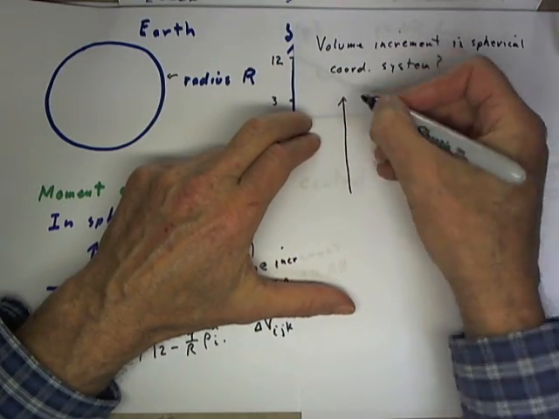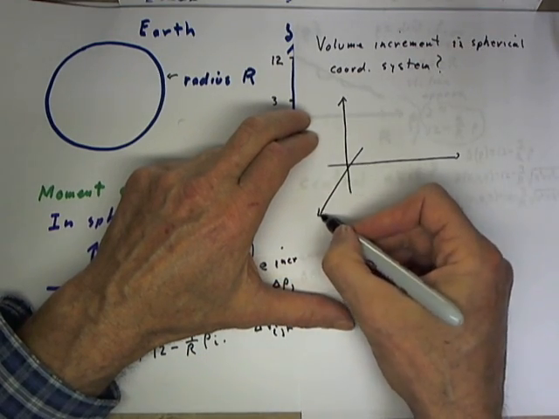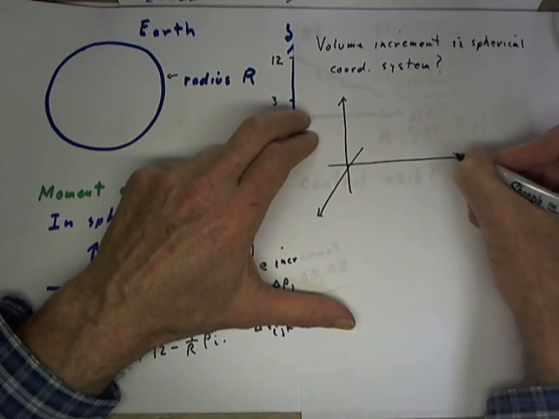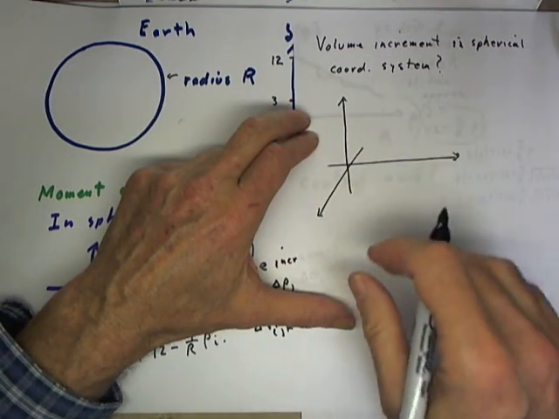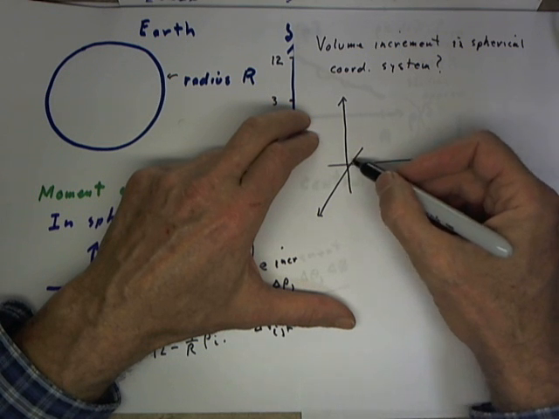Okay, we have our spherical coordinate system, which we often sketch with reference to rectangular coordinates, even though we're not using rectangular coordinates.